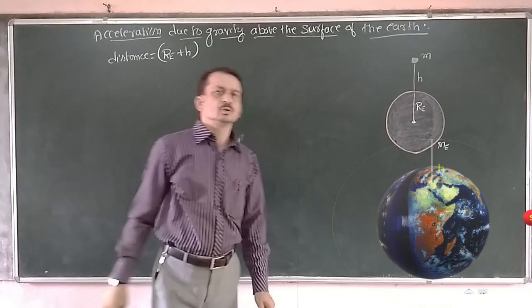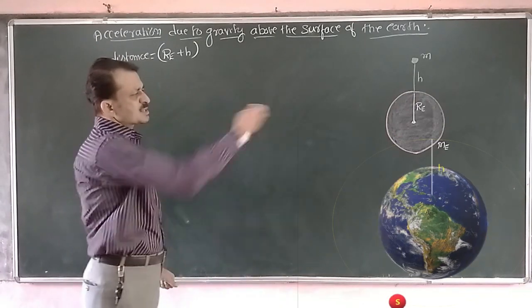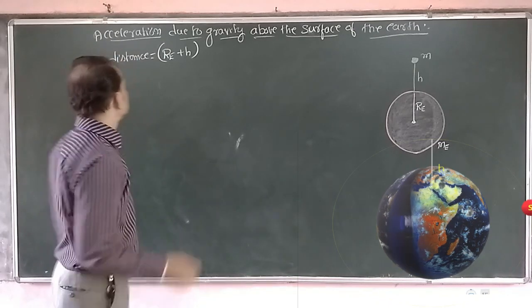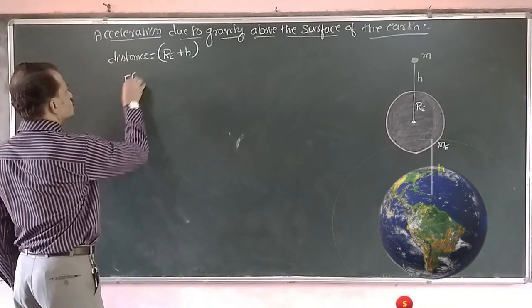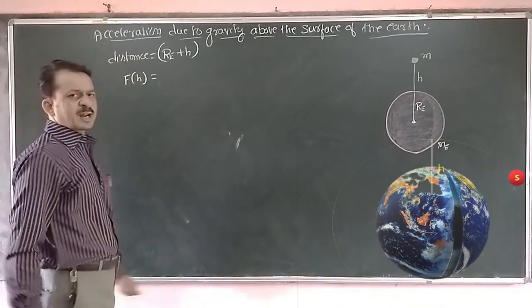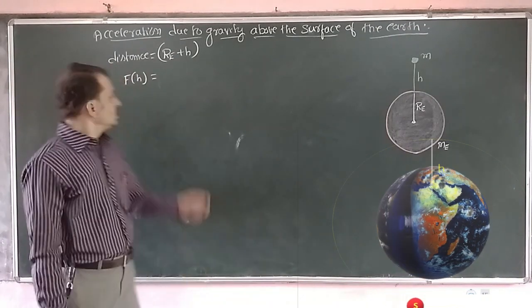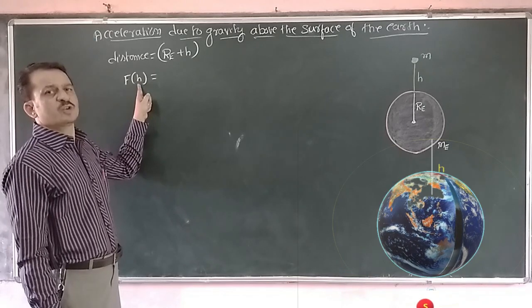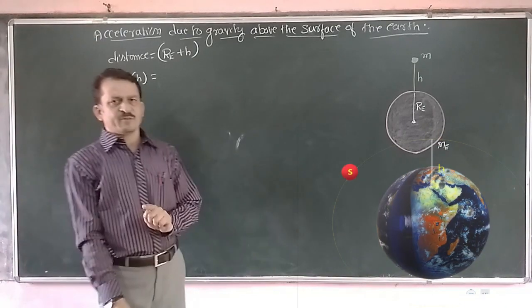That we know. Since those two masses have a gravitational attraction, the gravitational force we will write as F of h, because this force is varying with respect to height. In order to indicate that, we are writing it as F of h.